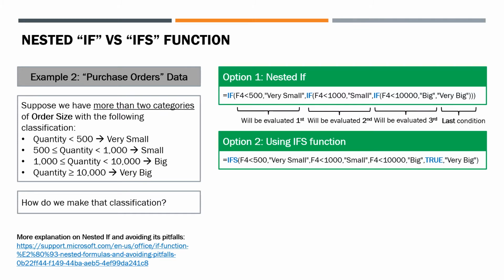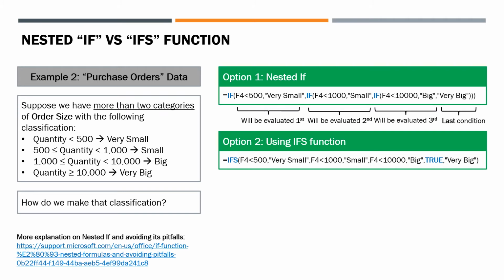And there is a simpler option, the IFS function. If you use the IFS function, you do not need to write IF multiple times like this. You just write IFS at the very beginning of your formula, and you do not need to use IF again. For instance, if the quantity is less than 500, very small, less than 1000, small, less than 10,000, big, and the rest is very big.